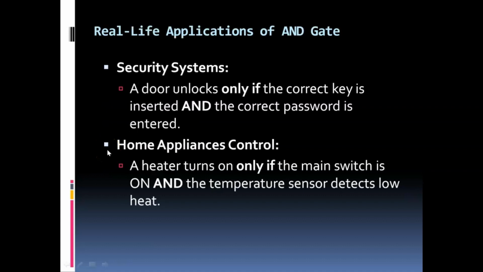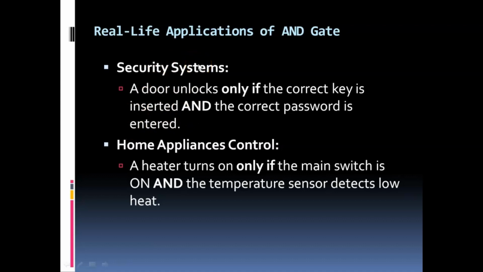Let's move on to the next slide. The use of the AND gate is usually seen in security systems. For example, a door unlocks only if the correct key is inserted and the correct password is entered. This is the usual example given for a security system.